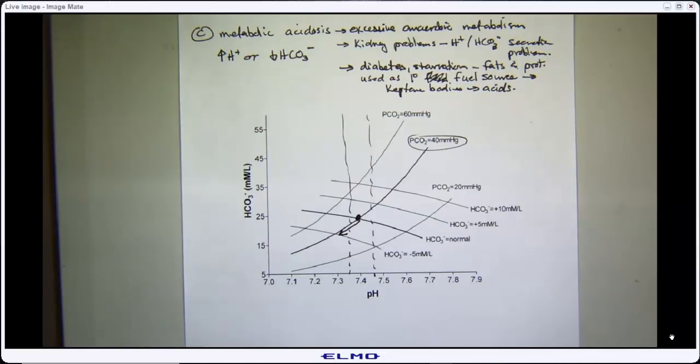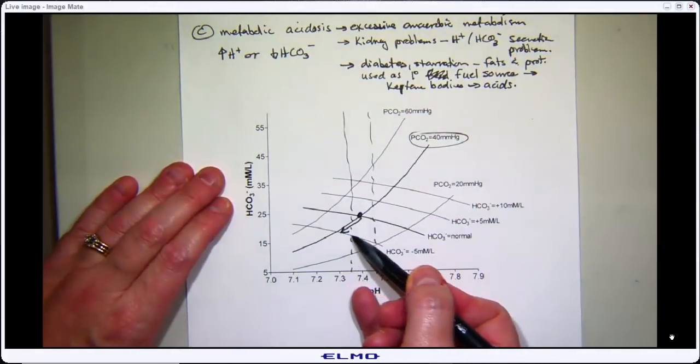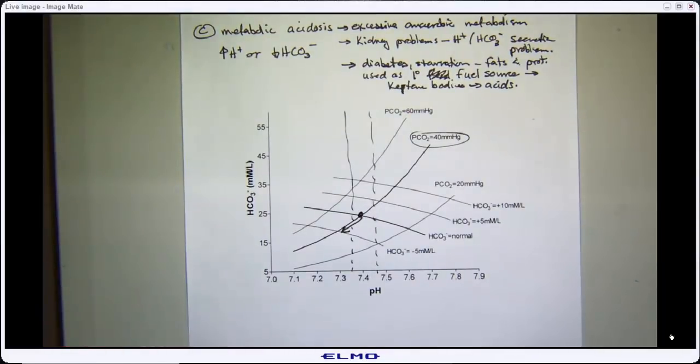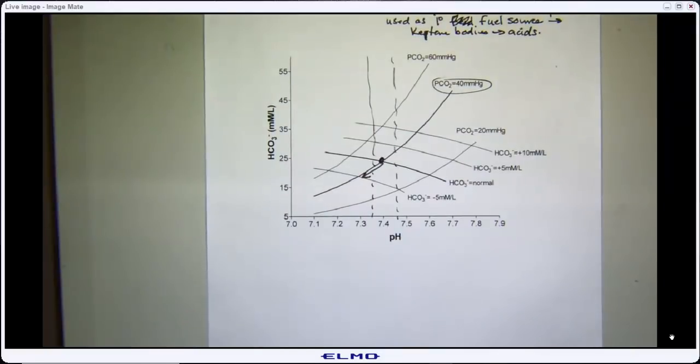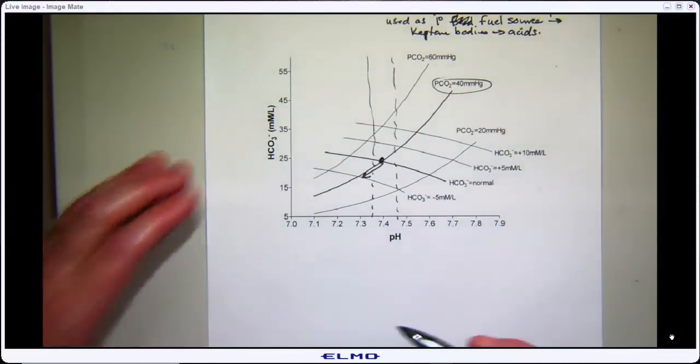Get ourselves into a base deficit situation, so already you can start to see how the body might have to compensate to get ourselves back into the zone. All right, in terms of moving from one CO2 isobar to the next, so you can already start to get a feel for we might have to change ventilation in order to fix this problem. Okay, so this is just us busting our tools out a little bit. We think about our other tools.